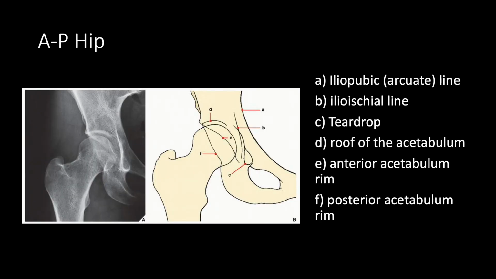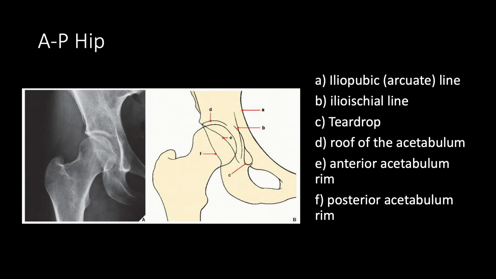So if we look at the AP of just the hip here, we see the acetabulum, femoral neck, femoral head. You can be looking at all these different lines here that you see. The anterior acetabular rim, because this is a kind of cup here.